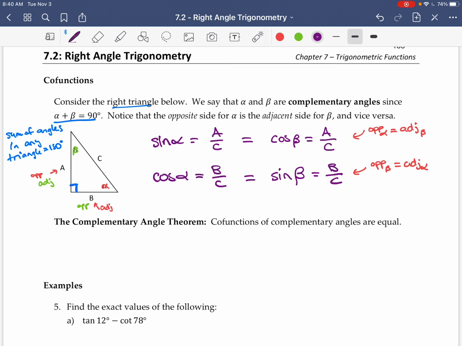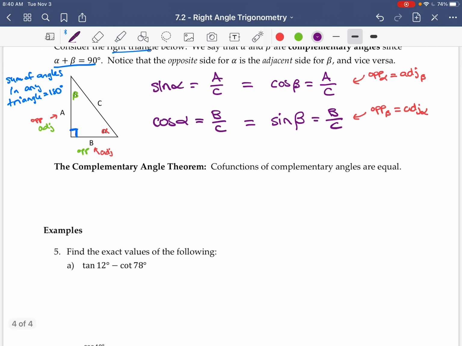This gives us the complementary angle theorem. What that means is that cofunctions of complementary angles are equal. So sine of alpha is equal to cos of beta, as we just saw in the example. But it also means tan of alpha is equal to cotan of beta.